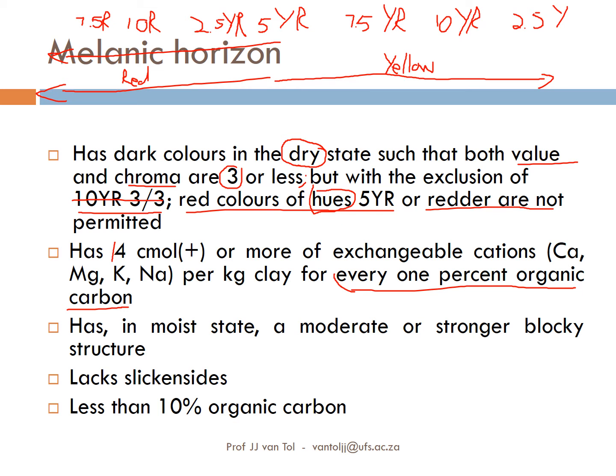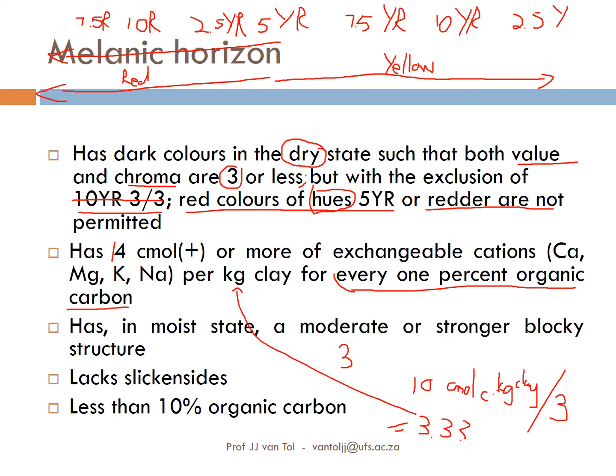So if I tell you that you've got 10 centimole c per kilogram clay, and I say that your carbon content is 3%, then you simply have to divide this by 3, that gives you 3.33, and then it is less than the required 4. So you have to express it per percentage organic carbon.